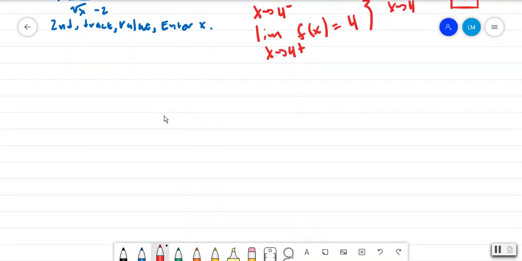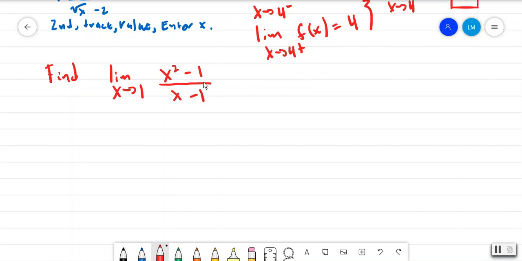Now, for this next example, let's say that we want to find the limit as x approaches 1 for x squared minus 1 divided by x minus 1.